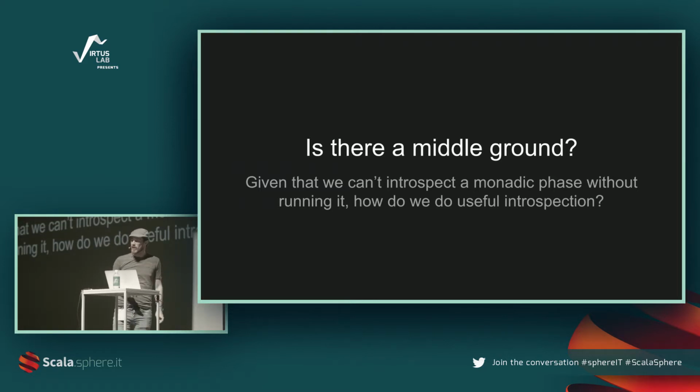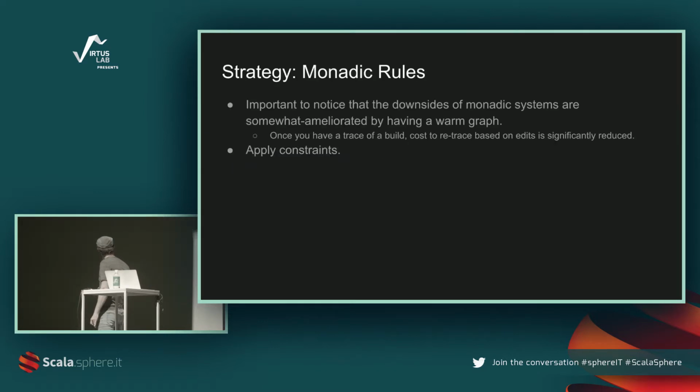Okay, so monadic systems are much easier to extend, but much harder to introspect. That's a bummer. So how much introspection can we reintroduce? I'm going to talk about some of the strategies for reintroducing introspection into monadic systems. So first of all, let's do monadic rules.